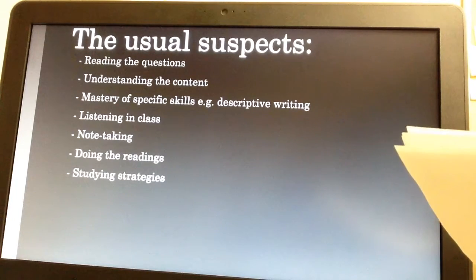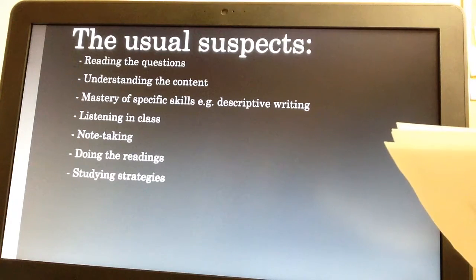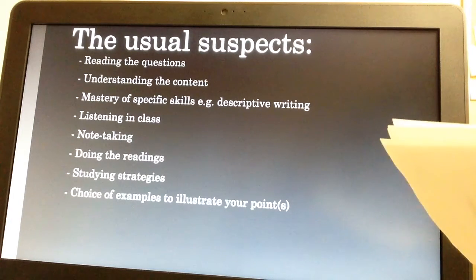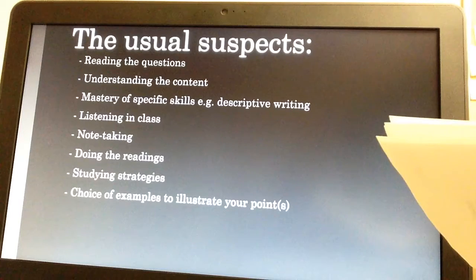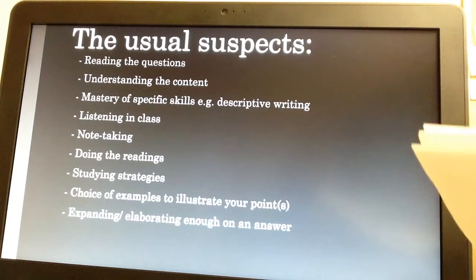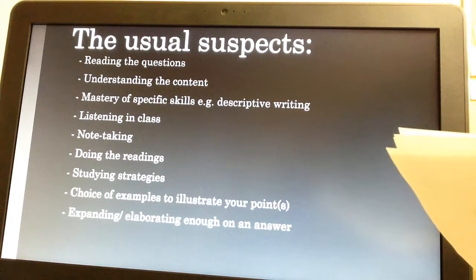Studying could have been a place where maybe more effort or more strategies were needed. Sometimes it's your answer itself and the examples you've chosen to illustrate your point, or the way that you have, or maybe not, expanded or elaborated enough on an answer.